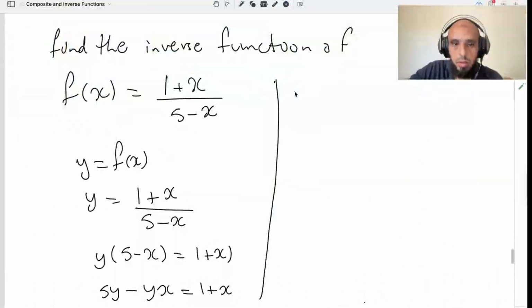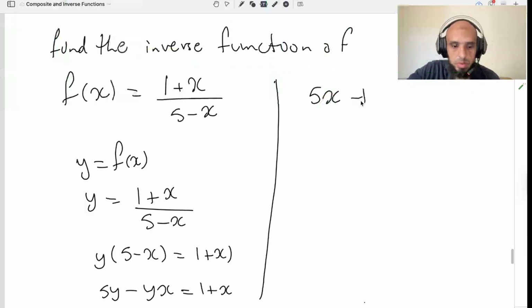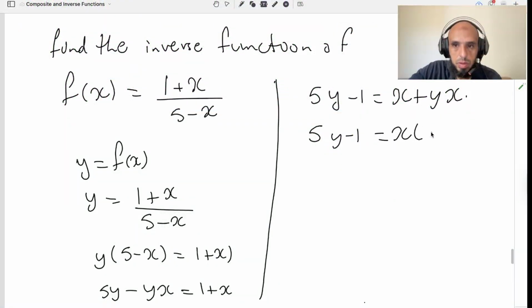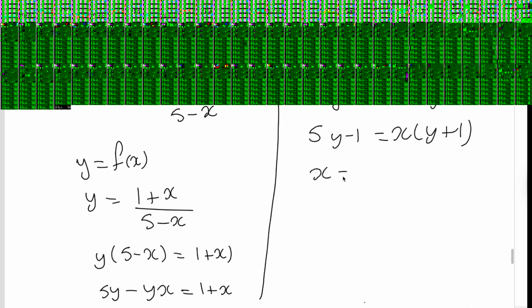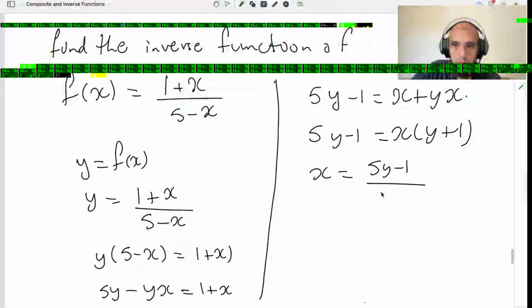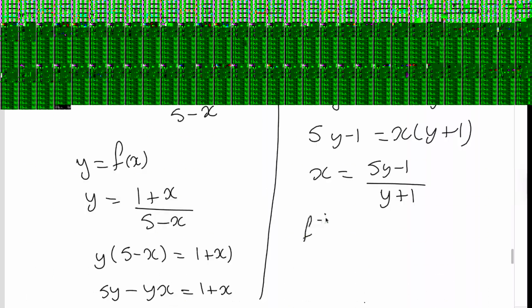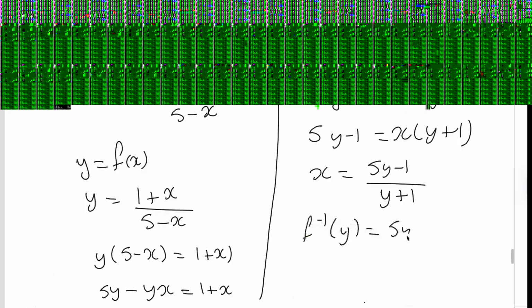And now rearranging we get 5y minus 1 equals x plus yx, or 5y minus 1 equals x times y plus 1, or solving for x we get x equals 5y minus 1 divided by y plus 1, or we can say that f minus 1 of y equals 5y minus 1 divided by y plus 1.